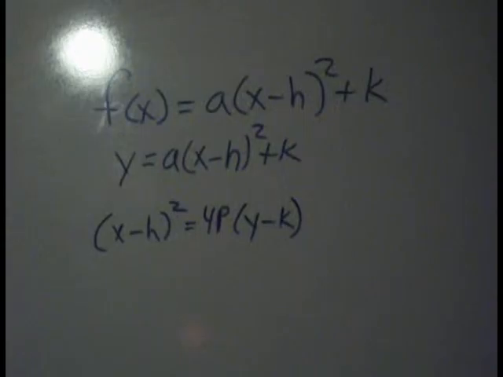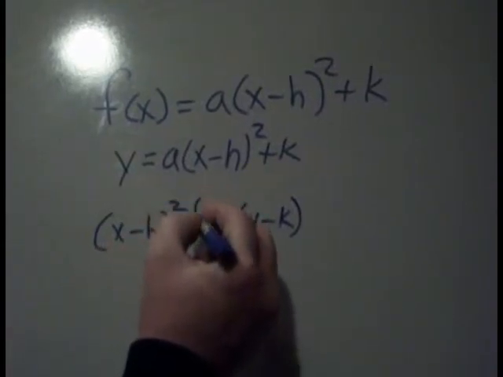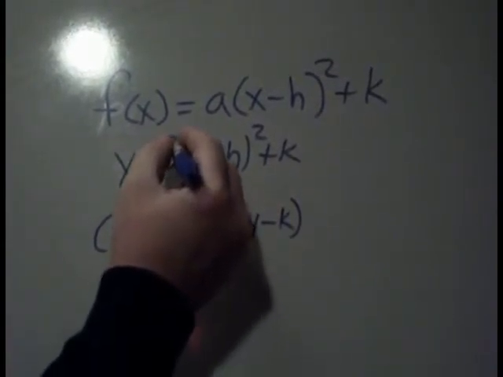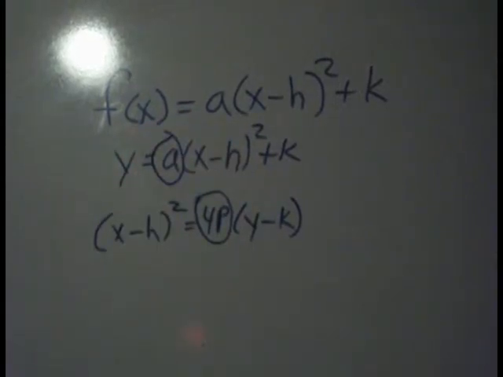And it should. Because the 4p here functions in the same way as the a does. They're the same type of situation, the same type of term. Now, they're a little different. I'm not going to say that there's no difference between the a and the 4p, but their function is exactly the same.